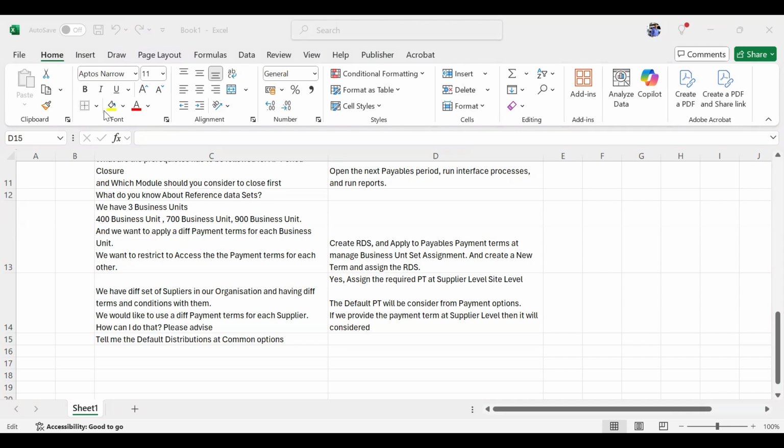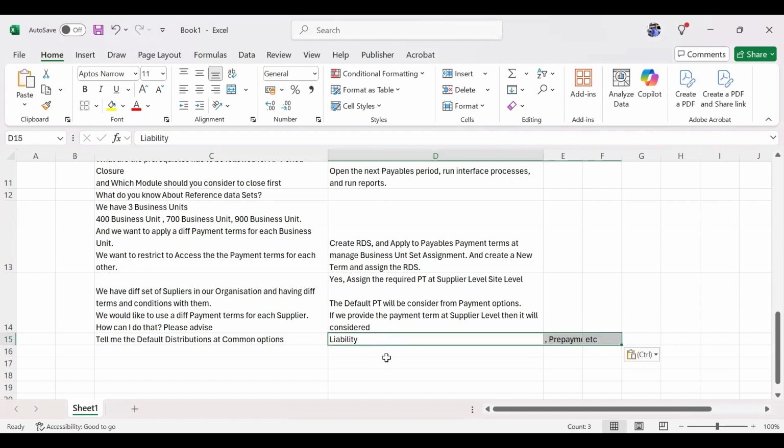Realized gain distribution, realized loss distribution. I just asked the default distributions. Interest rates.